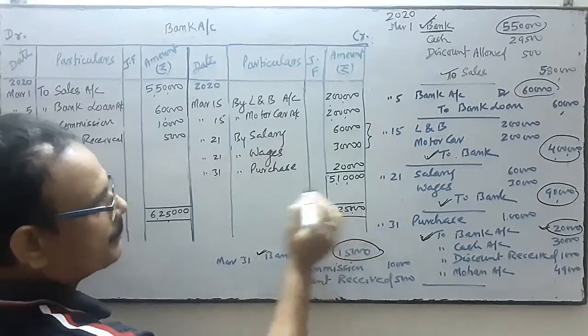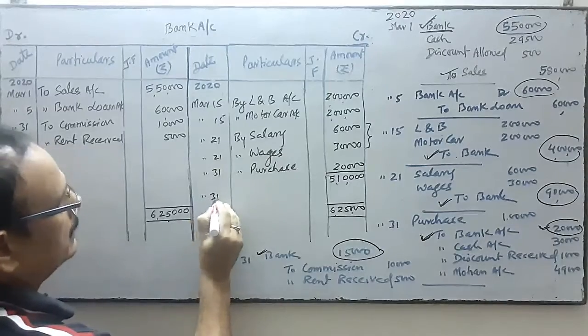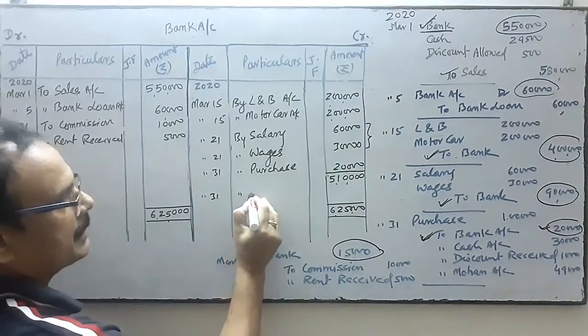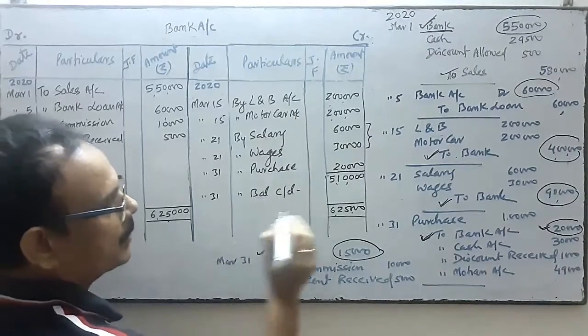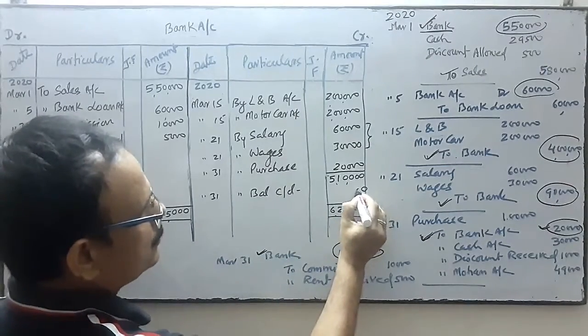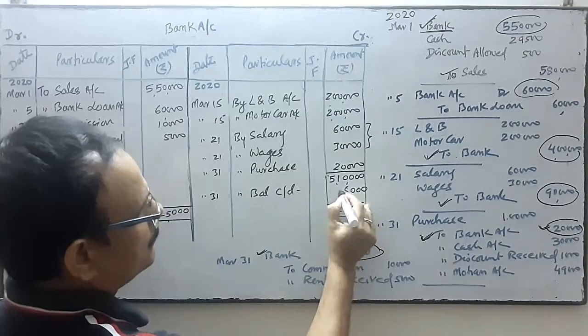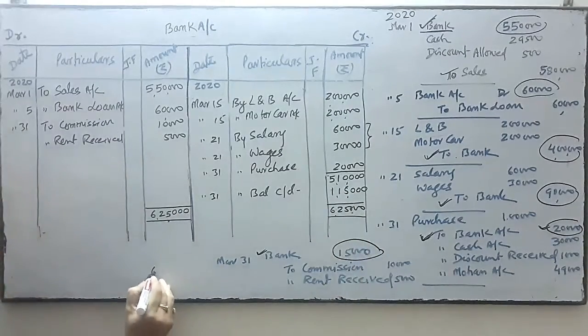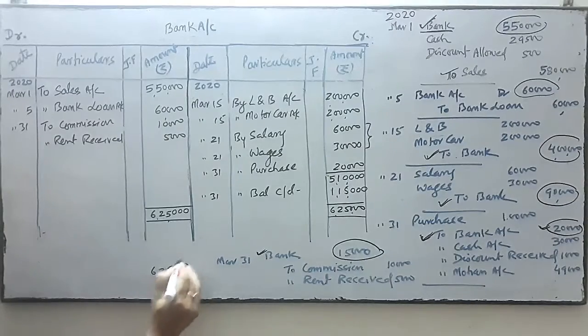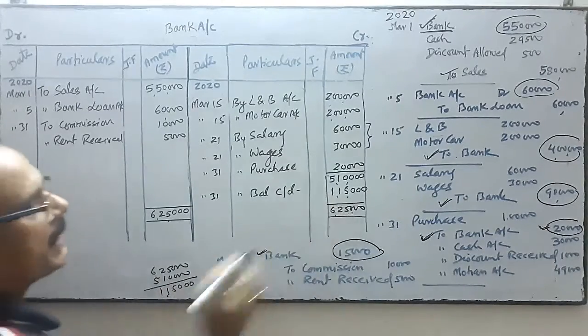So the difference amount I am going to write at the end of the month, March 31st, balance carried down. The difference amount is 1 lakh 15. Means what I have done: 6 lakh 25 minus 5 lakh 10. So the difference is how much? Difference is 1 lakh 15. This is the balance.